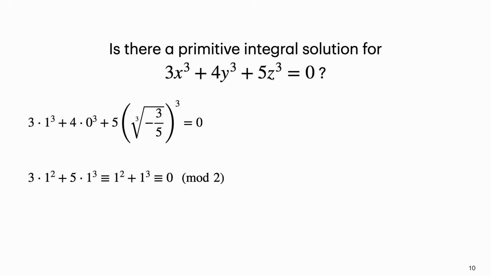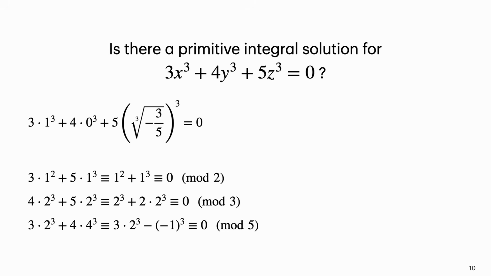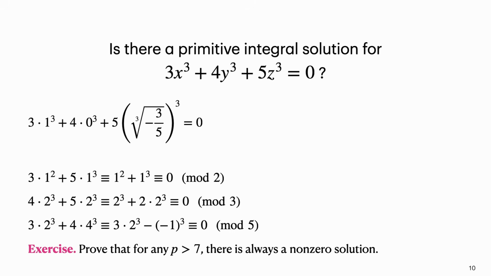Mod 2, if my arithmetic is correct, you get a solution. Mod 3, mod 5. And now my exercise for you is to prove that for primes greater than or equal to 7, there is also a non-zero solution.